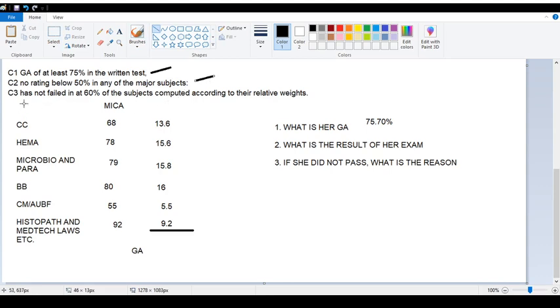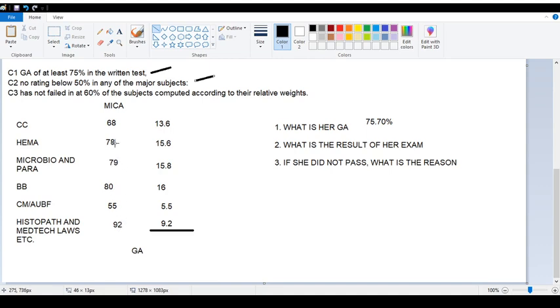For criteria number 3, has not failed in at least 60%. So, dapat pumasa siya in at least 60%. So, kapag sinasabi kasi natin pumasa, that must be greater than or equal to 75. Okay? So, pass, pass, pass, pass.